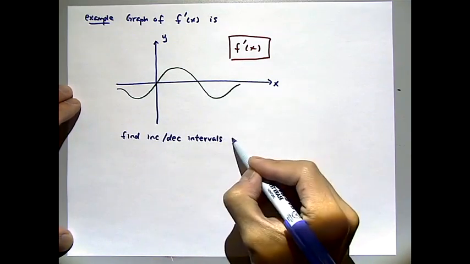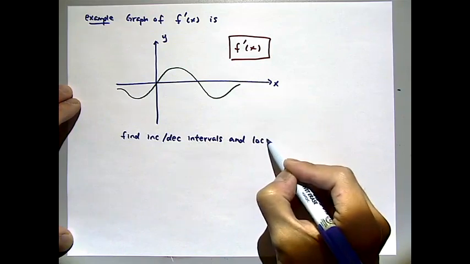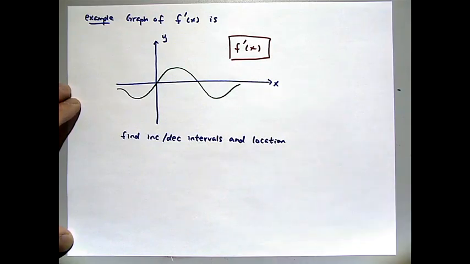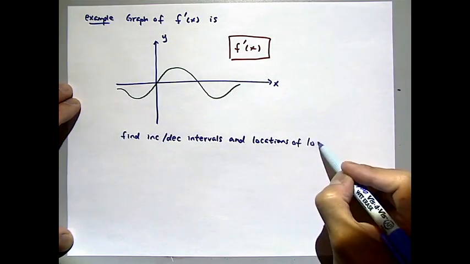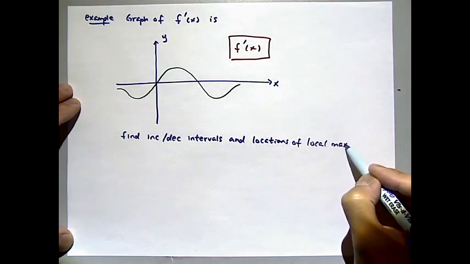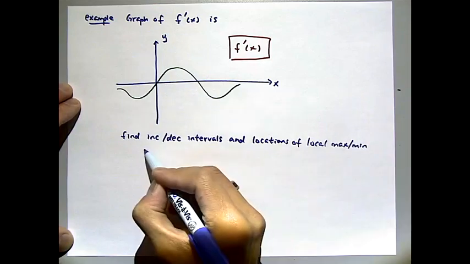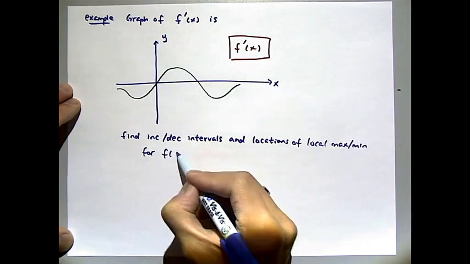We want to find increasing and decreasing intervals and locations of local max and min for f of x.